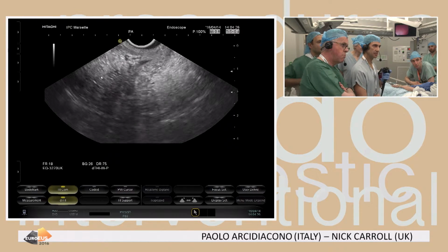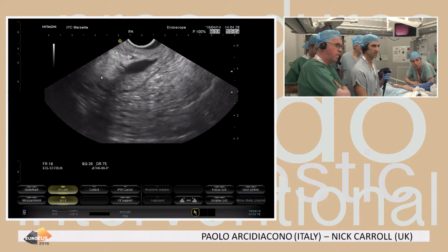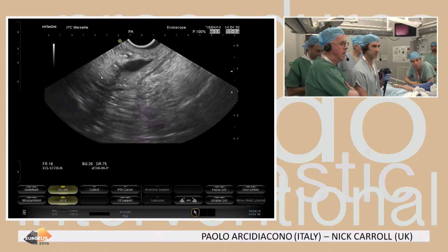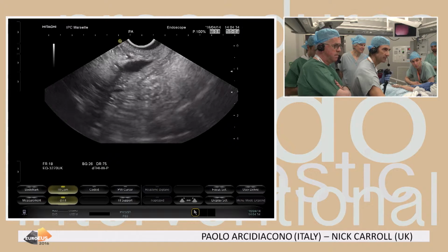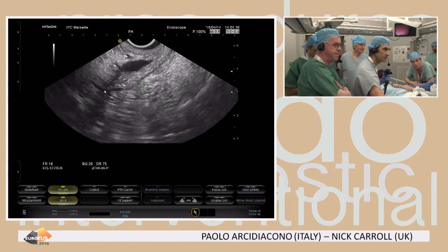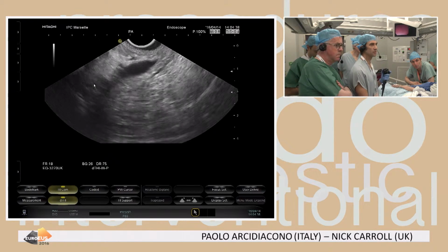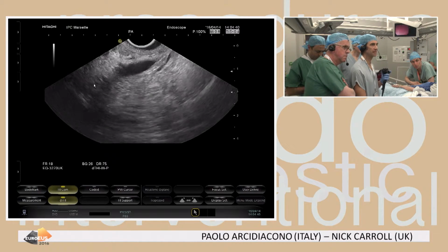I can see probably there is no big communication. And this is the ventral duct, you see? We can easily follow the ventral duct from the papilla down here, going towards the neck as well, and the common bile duct is above.